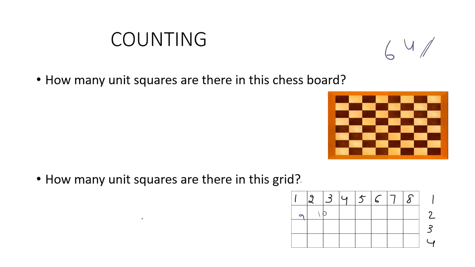Therefore the total number of unit squares is 8 times 4, which is 32. Similarly, in the above problem there are 8 unit squares in each row and there are 8 such rows. Therefore the total is 8 times 8, which is 64. So if you know times tables, then you can count the number of unit squares here and in this grid.